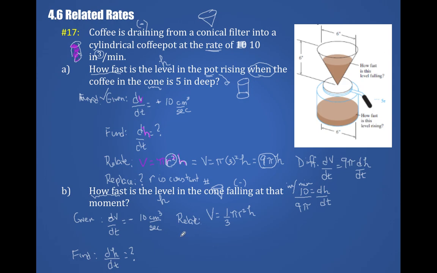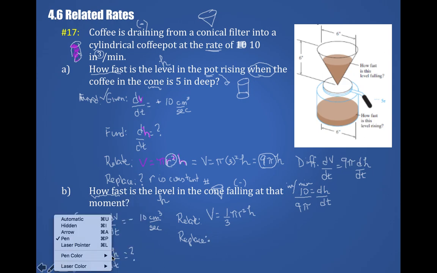So the problem here, though, is that when I think I need to replace, this time I don't want to replace the h because I want to leave the h again, because what I'm trying to find is dh dt.